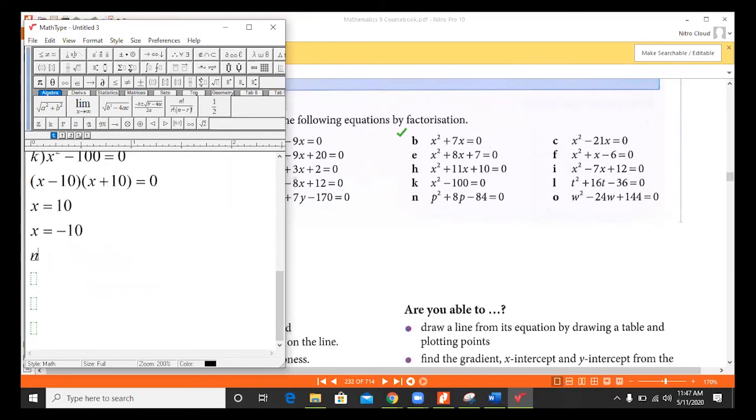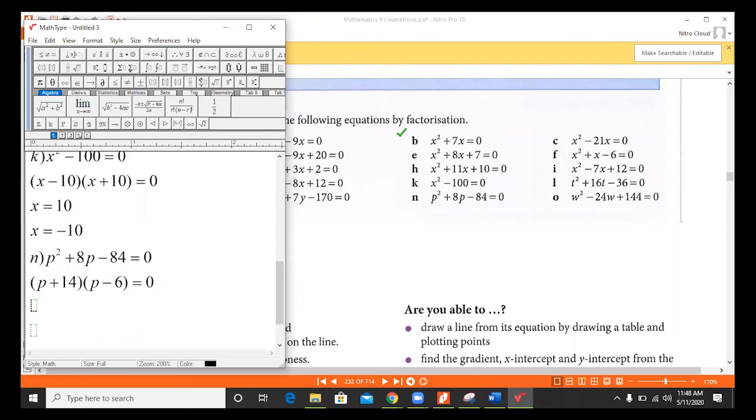The last point of the exercise, it's N. Altea. Okay, so p squared plus 8p minus 84 equals 0. The factorization is p plus 14 times p minus 6 equals 0.